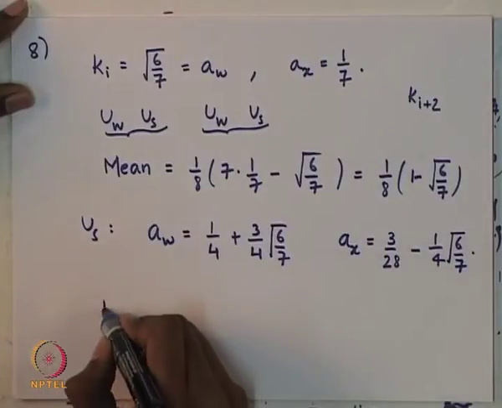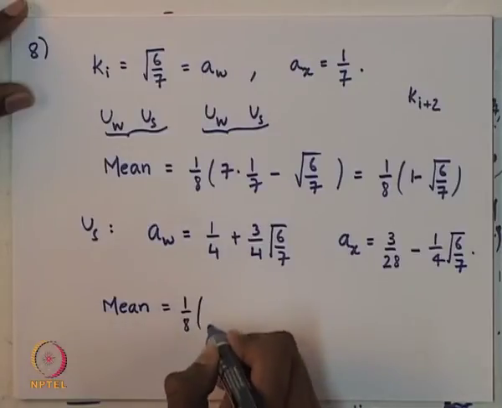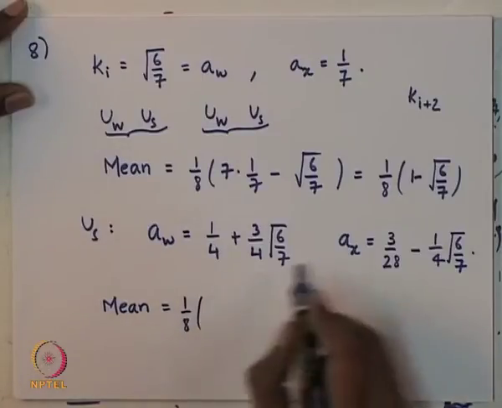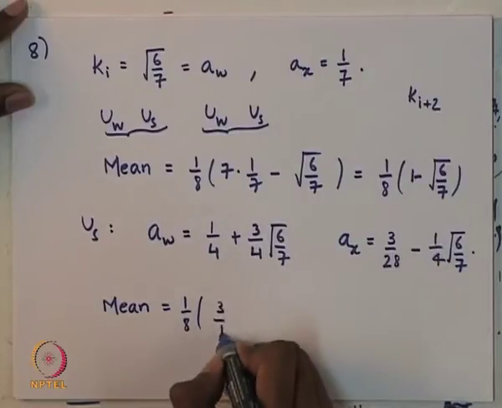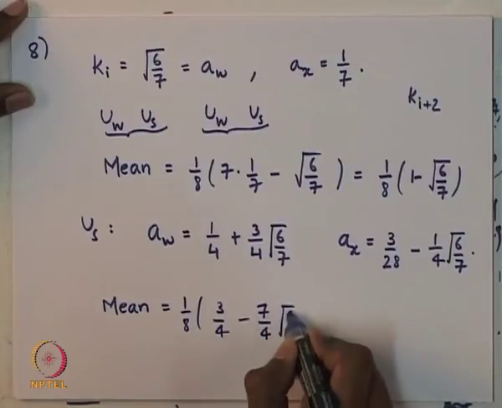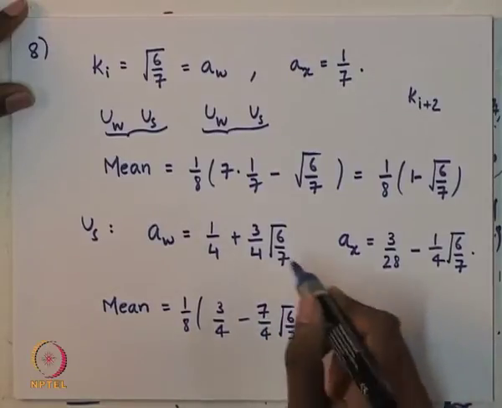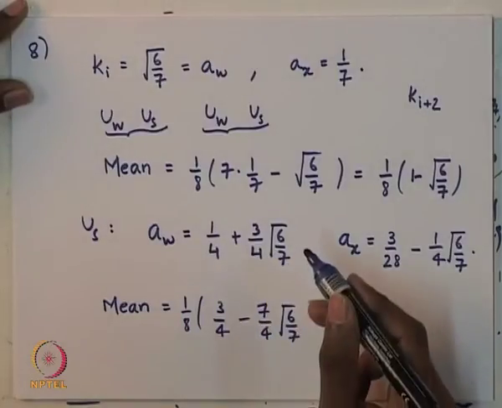So again we find mean for the next iteration, which is 1 by 8 times 7 times AX, which will give us 3 by 4 minus 7 by 4 root 6 by 7, and we calculate mean after applying UW.